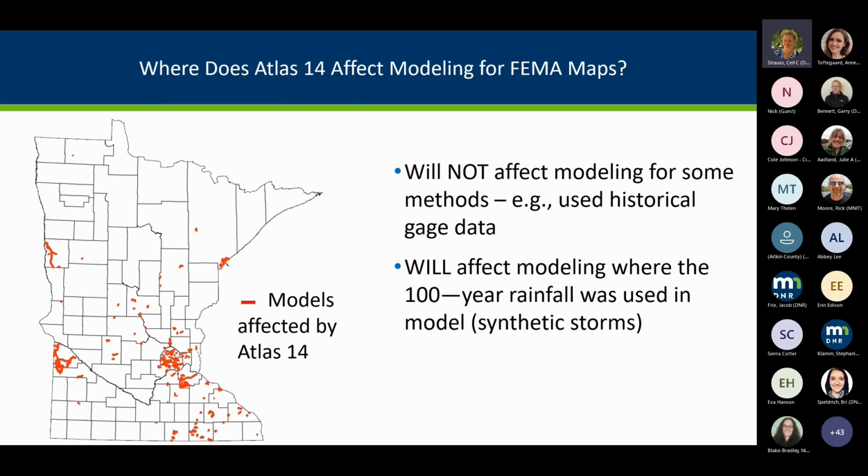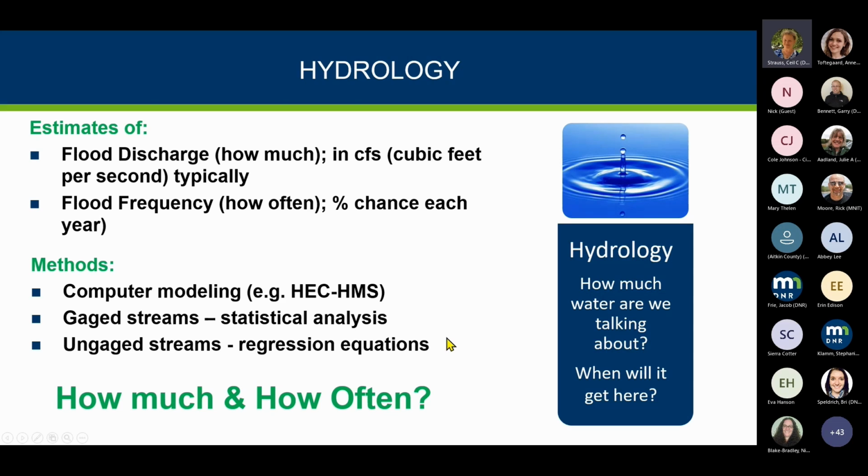But there are models in some places around the state, shown with these red areas, especially in the metro, where one of the input variables is that 24-hour 1% annual chance precip amount. So those are the models where updating with Atlas 14 can make a bigger difference. And Ann's going to take over here.